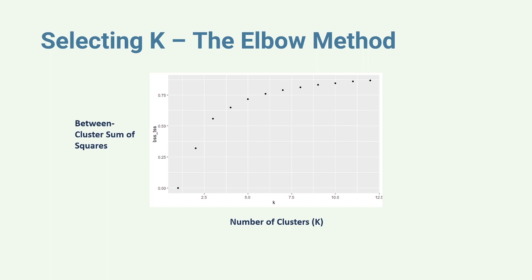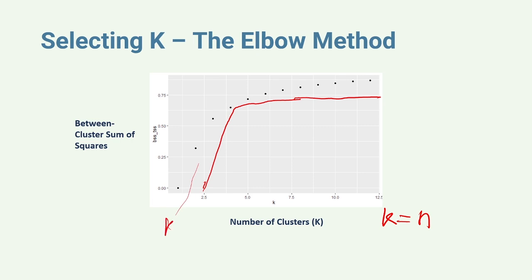In this example, we're going to use the elbow method. Imagine that you drew a line here, and you noticed there was some elbow here. On the far right, let's say that k was equal to n, where n is the number of points, then every point would be in its own cluster. And so your between cluster sum of squares would be as high as possible, because you'd have a lot of cluster centers, and so you'd have a lot of square terms.